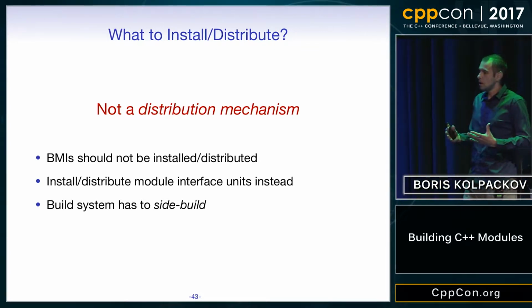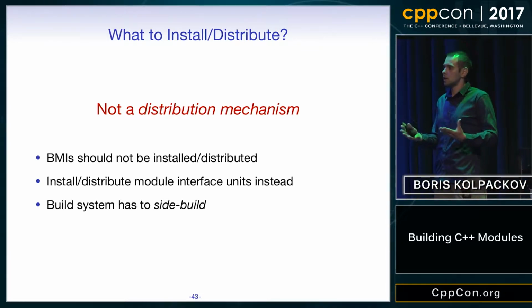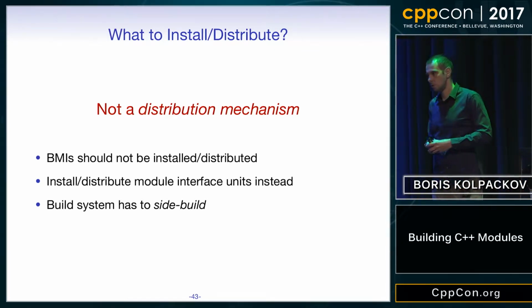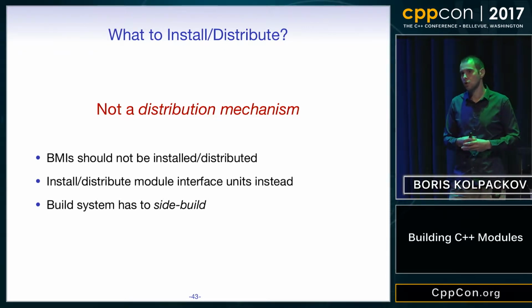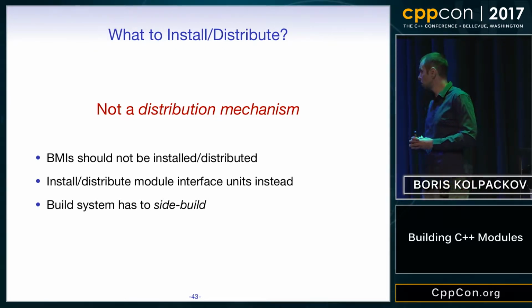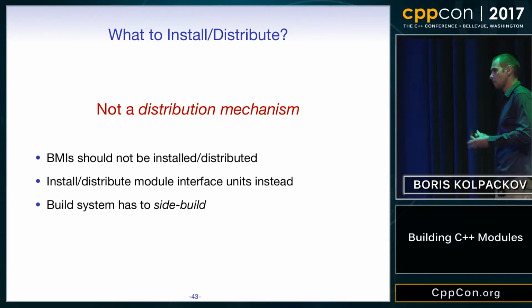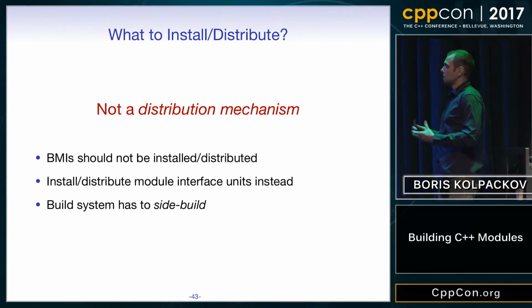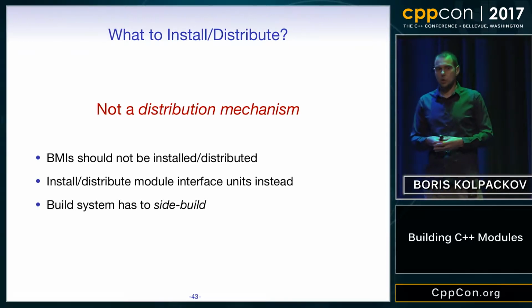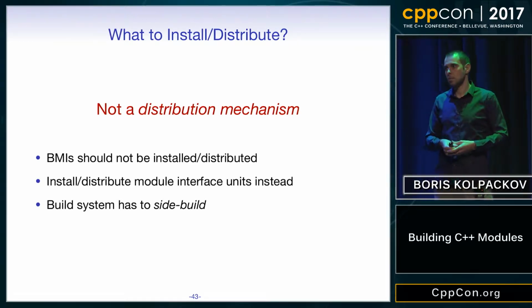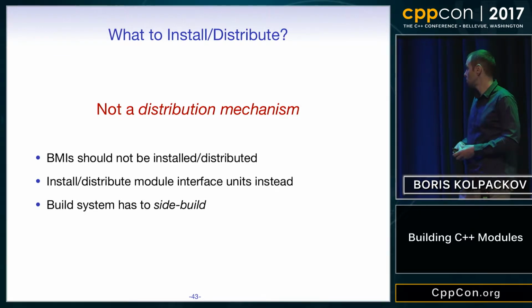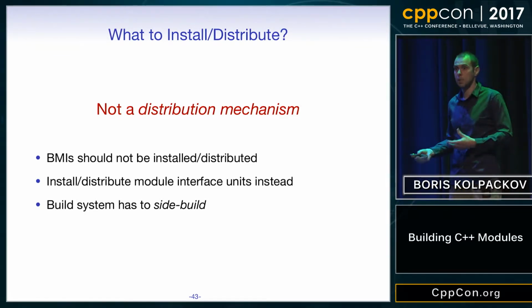This dependence on the compiler options may suggest that BMIs are actually not a good distribution mechanism. Right? They probably should not be installed and should not be distributed, maybe with some exceptions like the standard library provided by the compiler. Instead, for our own libraries, we should probably install the interface unit source code, which, again, the build system has to be prepared to side build.